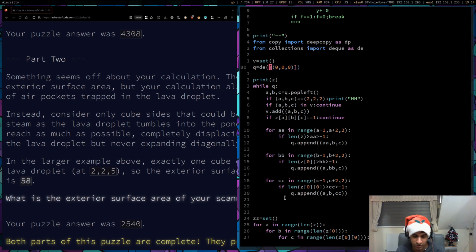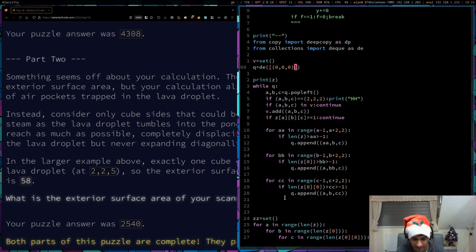I think that's a really smart use of a BFS, because it's not really a graph, but I'm kind of turning it into a graph. I'm using the BFS graph algorithm to do a non-graph thing: if my water starts anywhere outside the lava, which blocks is it going to go to.